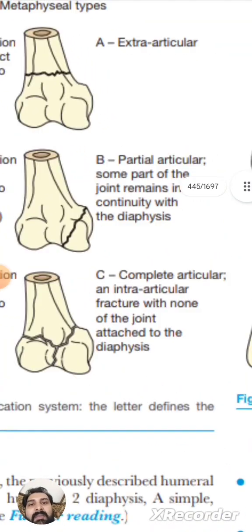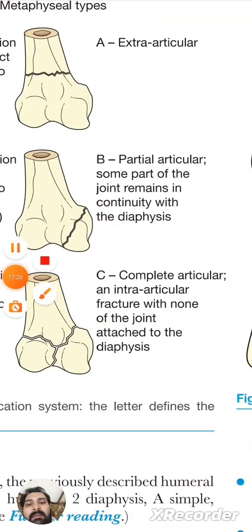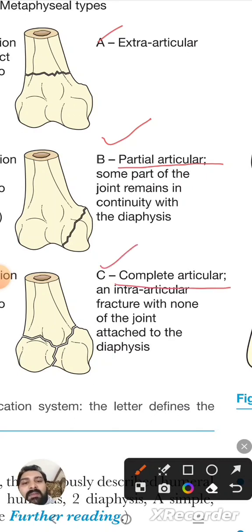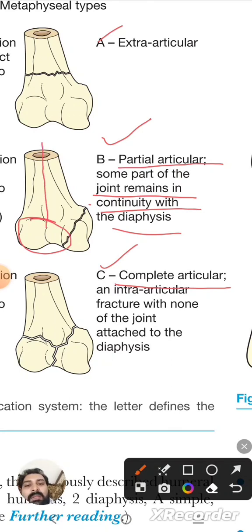Similarly, extra-articular fractures have been given A, partial articular fractures have been given B, and complete articular fractures have been given C. What is a partial articular fracture? When some part of the joint remains in continuity with the diaphysis, it is partial articular.